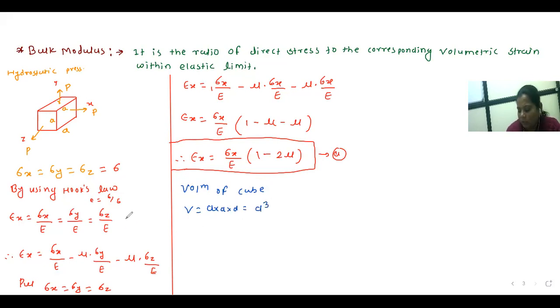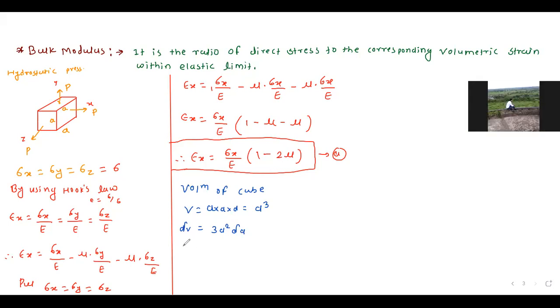Then we will find out the change in volume. Change in volume means you have to take the derivative: del V is equal to the derivative of A cube, which is 3 A square into del A. So this is the change in volume.